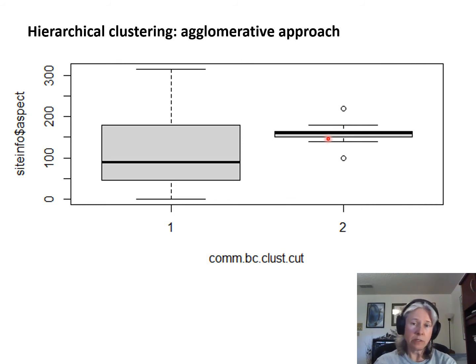What this suggests is that fescue is more sensitive to aspect and maybe some variables that are correlated with it, like temperature or moisture or whatnot, than is mixed grass. And so these differences indicate that this clustering is an ecologically logical one.